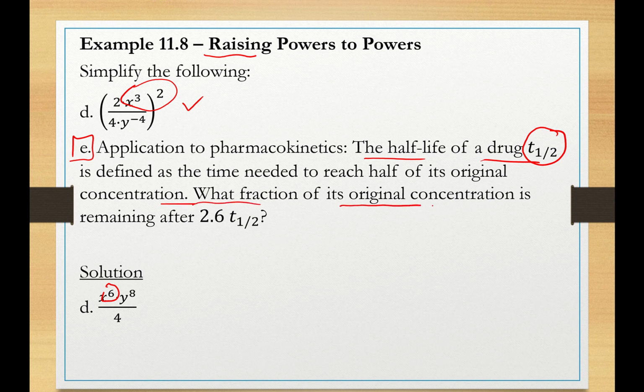What fraction of its original concentration is remaining after 2.6 half-lives? And why do we pay so much attention to half-life? Because most of the dosing intervals out there are determined by the half-life of the drug. It is that important, okay?